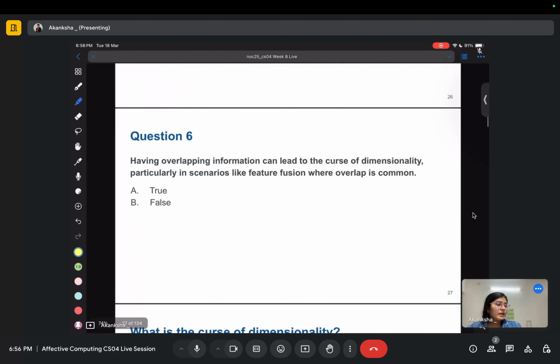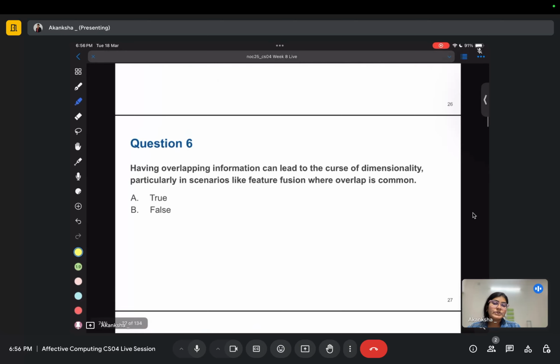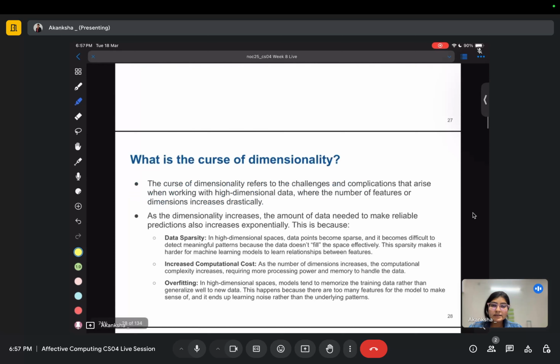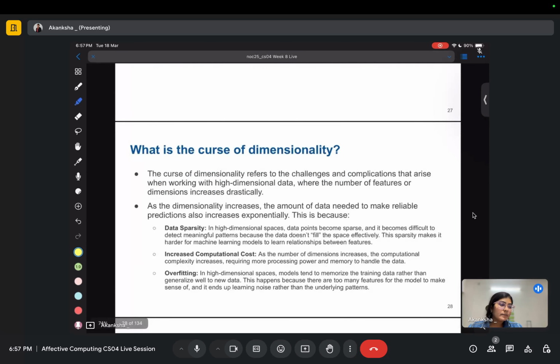Having overlapping information can lead to the curse of dimensionality, particularly in scenarios like feature fusion where overlap is common. True or false? If we talk about the curse of dimensionality, what exactly is it? It refers to the challenges and complications that arise when working with high dimensional data. Increasing the dimensions can help us to a certain extent to extract more information.